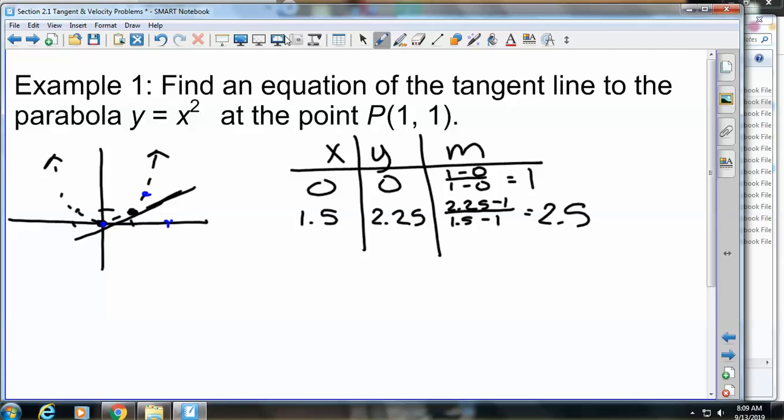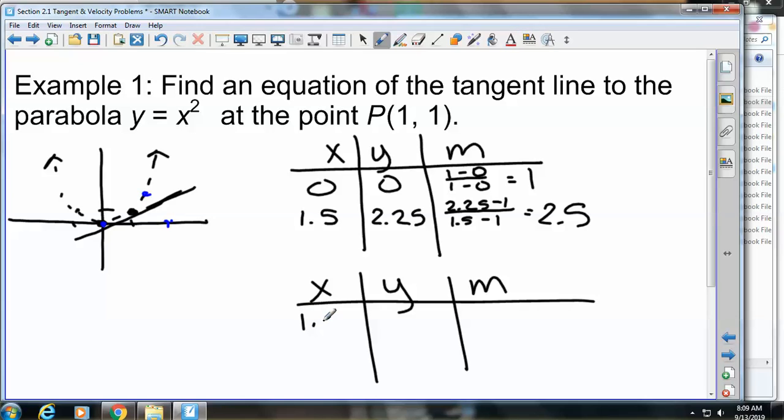A lot of times what I would recommend doing, what we're going to look at, is making two separate tables. We are going to do one table for numbers that are smaller, and then one table for numbers that are bigger. So for instance, we might move this one down to a second table, since that one's bigger than my point.